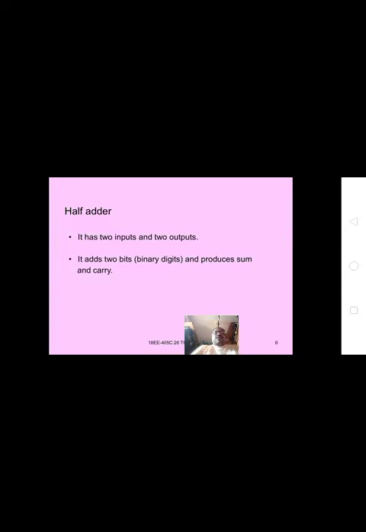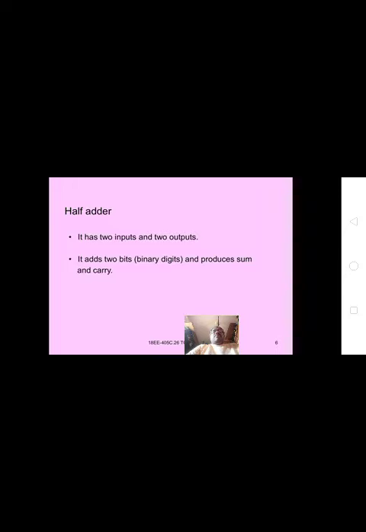Logic gates are the basic building blocks for the combinational logic circuits. Examples for combinational logic circuit are half adder, full adder, multiplexer and demultiplexer.